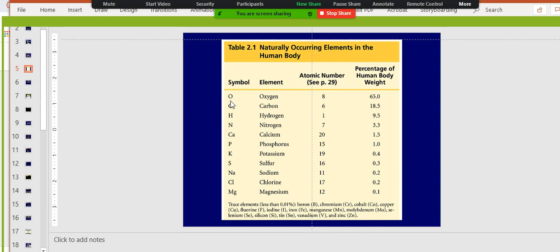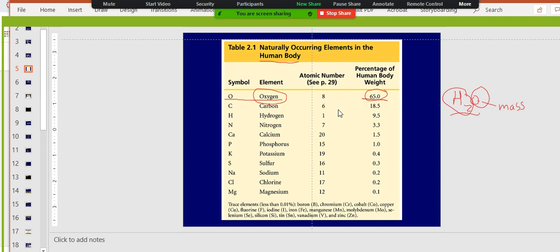So the most abundant element in any living system, but in the human body in particular, is oxygen. It makes up 65% of you. A lot of people would say water, but remember water is H2O, and we're just talking about elements. And this is by mass, because this is heavier than this.